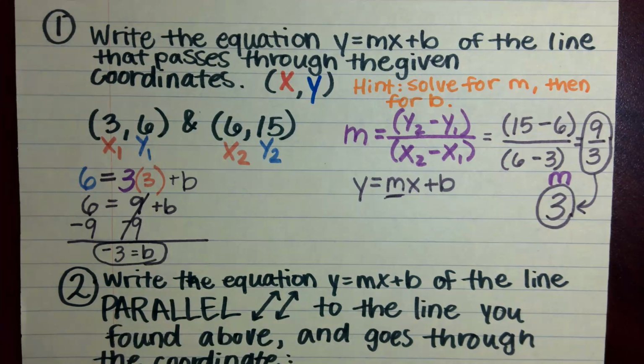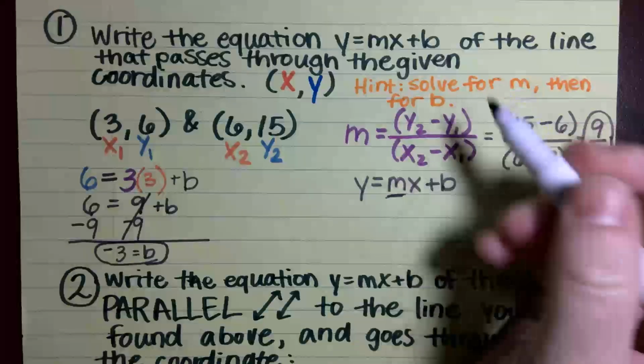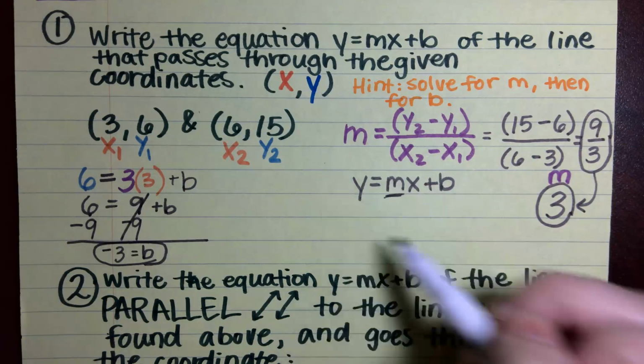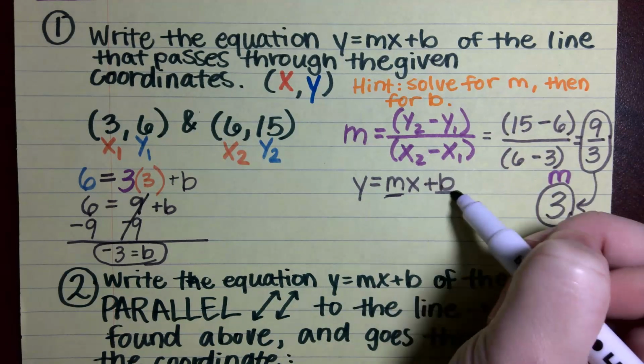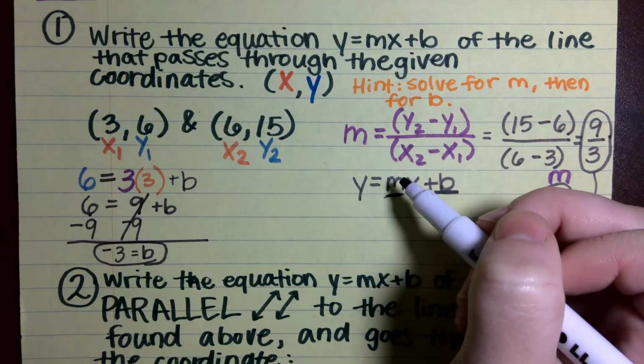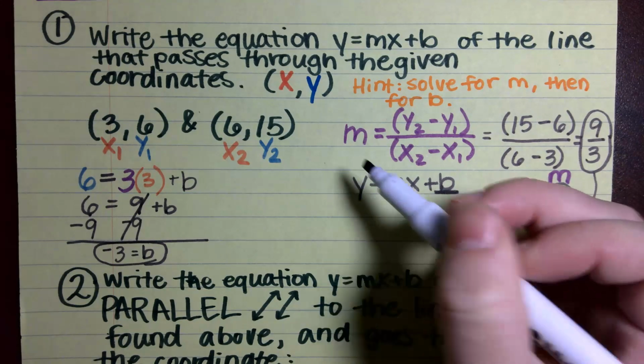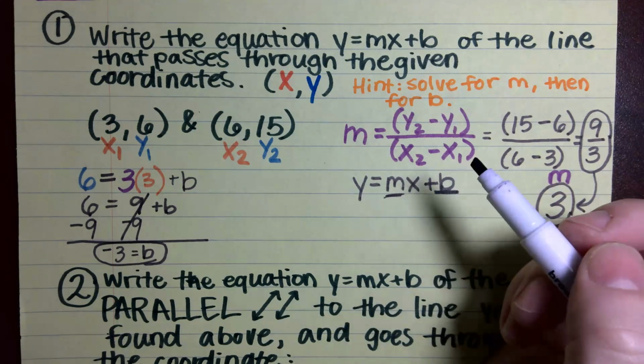Okay, so I have my slope, I have my y-intercept. I just need to write an equation. And remember, when we are writing a linear equation, we want to keep y equals, and we want to keep slope x. We don't want to plug anything in for x or y in that final equation.